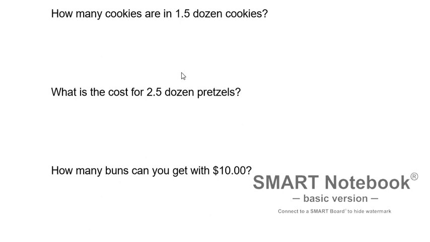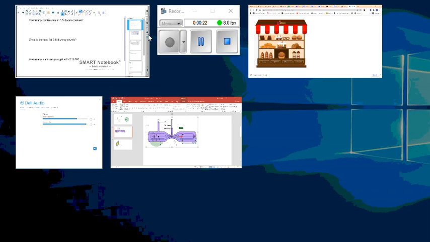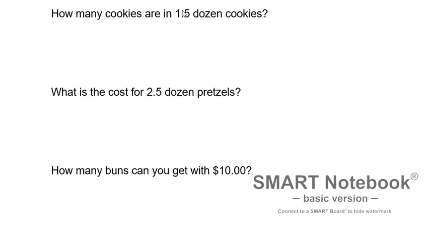Let's say you're going to a bakery and you want to know how many cookies are in 1.5 dozen cookies. Well, we don't need to actually visit a bakery in order to do this. We can just look at what a dozen means already. So we can say 1.5 dozen on this side, and we want to know on this side how many cookies are there.